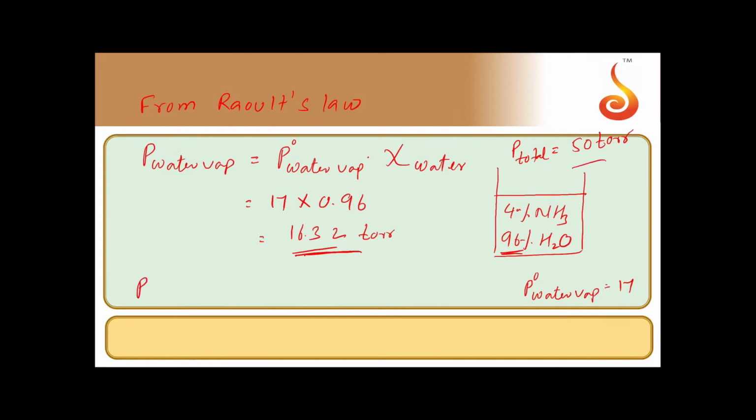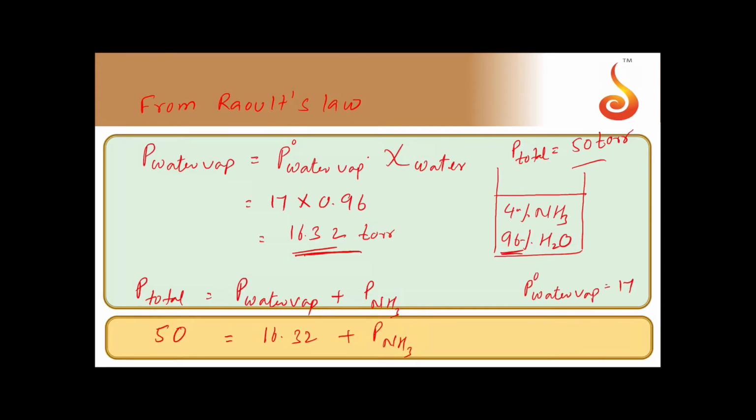Using this we can find the pressure of ammonia, because the total pressure is given as 50 torr. P total is equal to the pressure of water vapor plus the pressure of ammonia. So 50 equals 16.32 plus the pressure of ammonia.